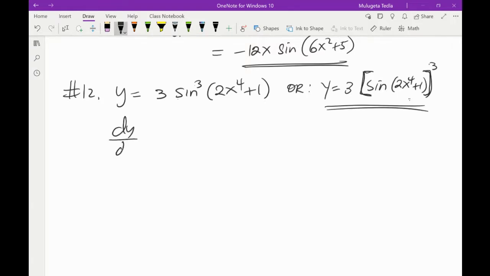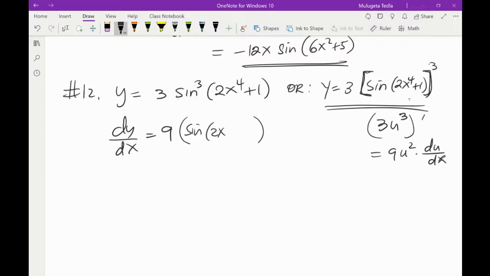So dy by dx simply is apply power rule. Remember, you have 3u cubed. The derivative of that would be 9u squared times the derivative of u. That's what I'm going to do. So bring the 3 up front, you get 9. Write the base, sine of 2x to the 4 plus 1, and then reduce the exponent by 1, so 2, times the derivative of the inside, which is quite a bit.